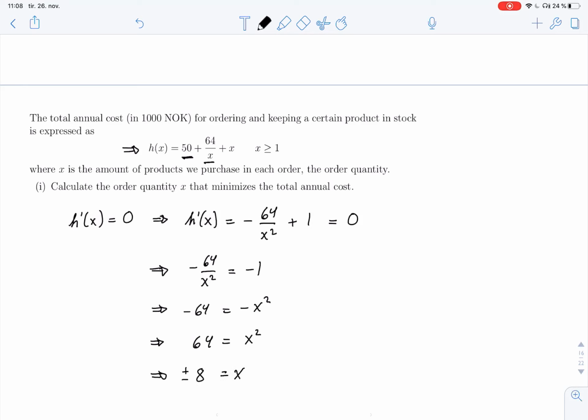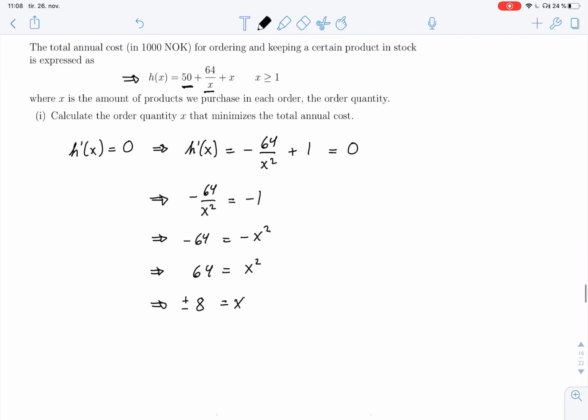Well, a negative order doesn't make sense. So only positive quantities make sense. So x has to equal 8.